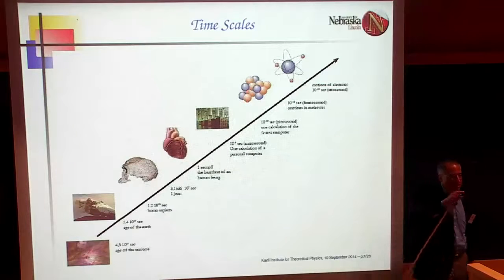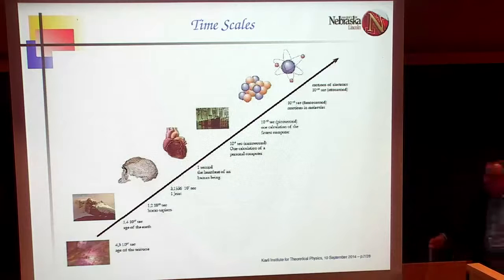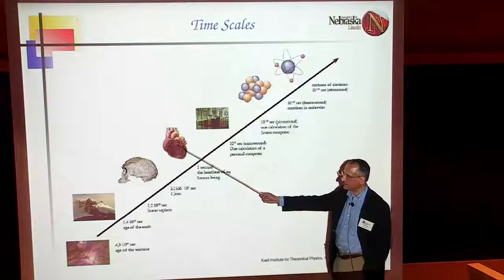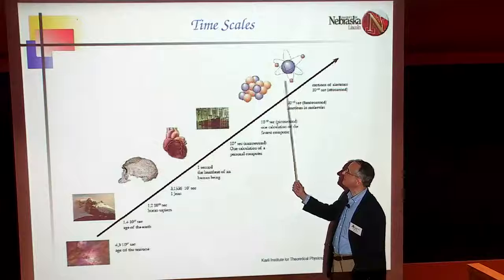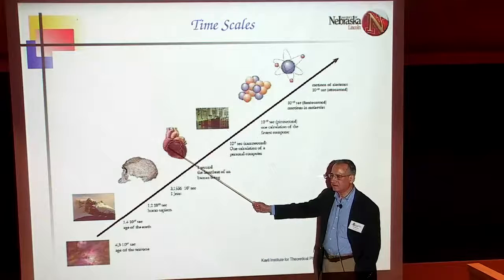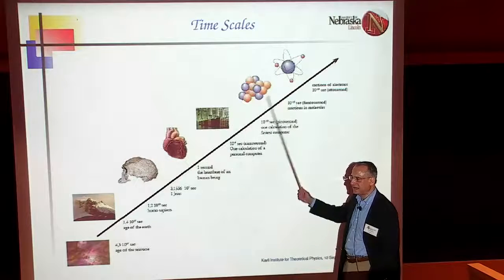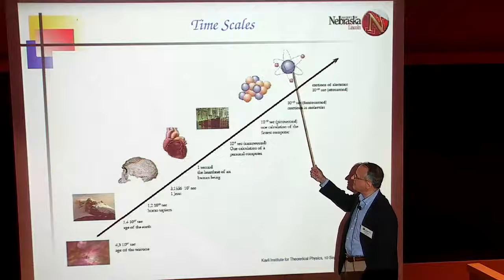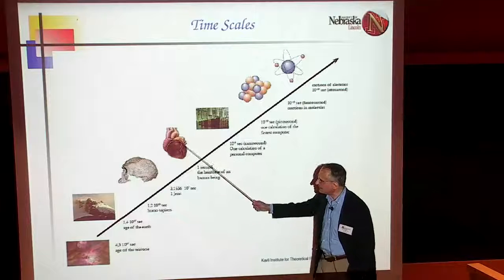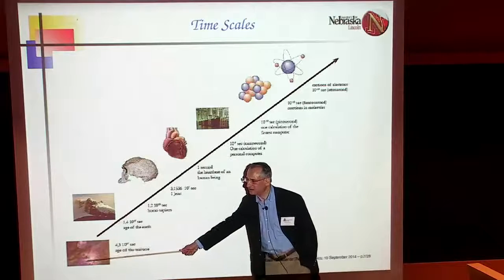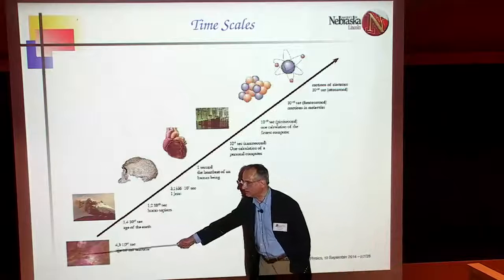So this is the origin of that subtitle: 1 attosecond is to a heartbeat the same as a heartbeat is to the age of the universe measured in seconds. It's a billion seconds.